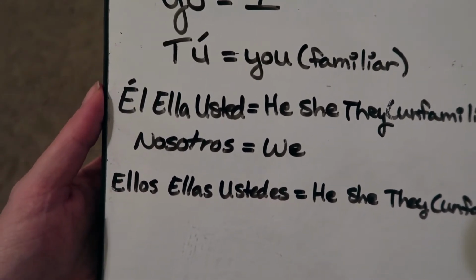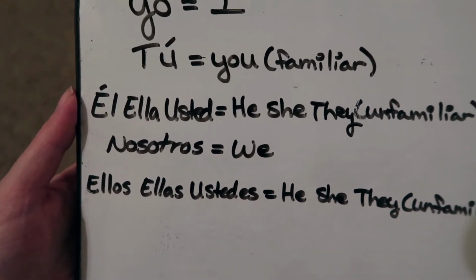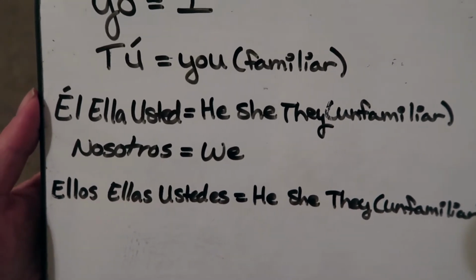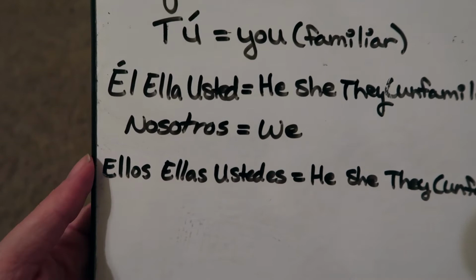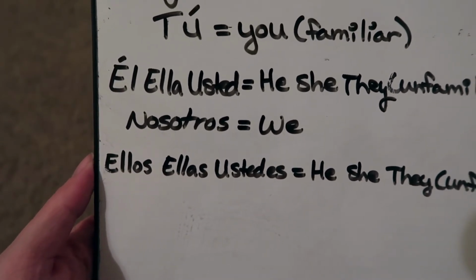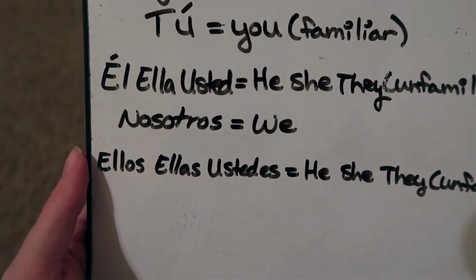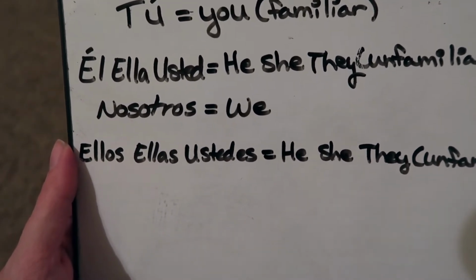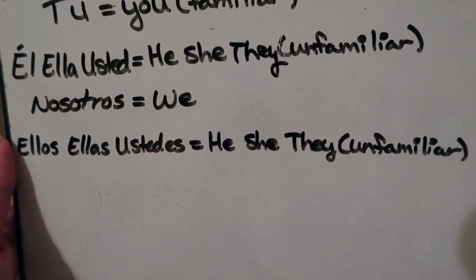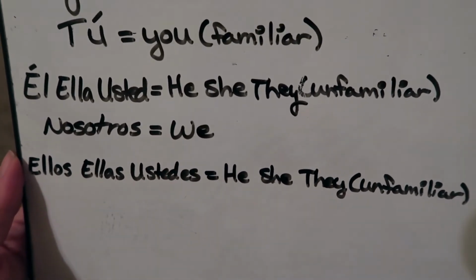Él, ella, usted, which is he, she, they, but this they is for those that you're unfamiliar with. Nosotros is we, and we have ellos, ellas, ustedes, which is a group of guys, a group of girls, or they, unfamiliar.